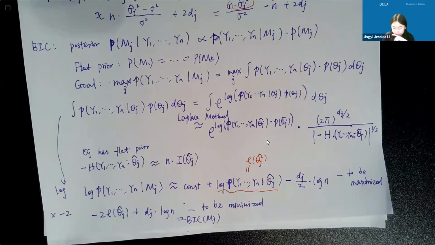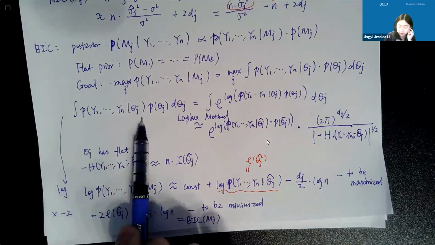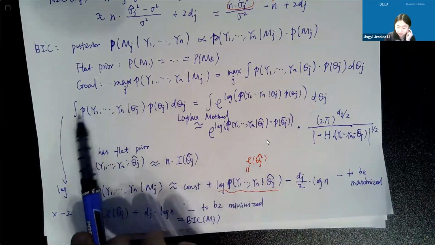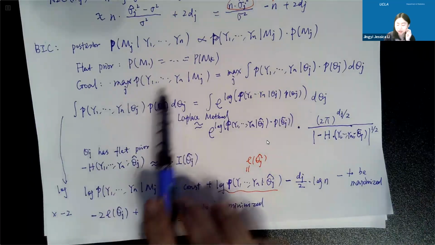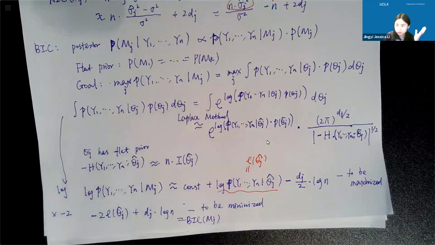Yeah, this is a very brief introduction of the BIC. We ignore a lot of details here, but the key message is to see the difference between BIC and AIC. In AIC, we are concerned with the joint density given theta j, while in BIC, we are concerned with the joint density given the model Mj, not theta j, because of the integration. So the integration itself makes some difference.